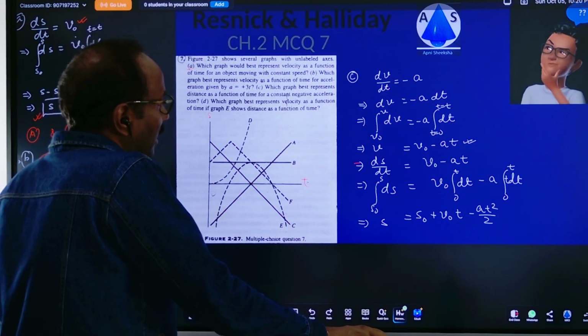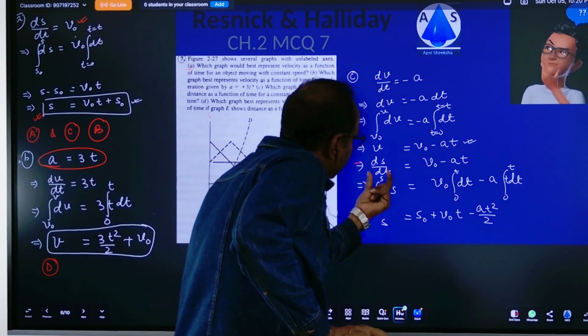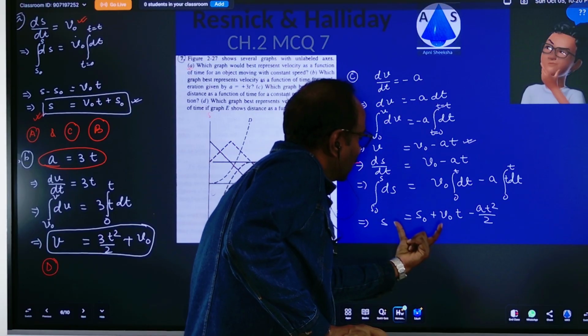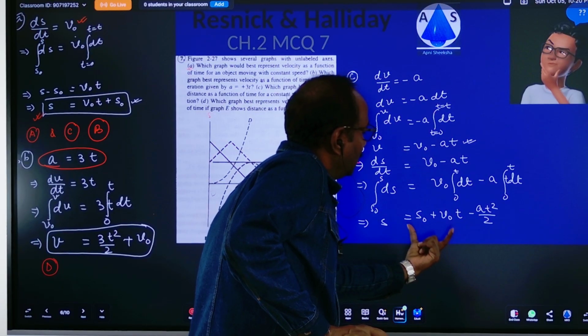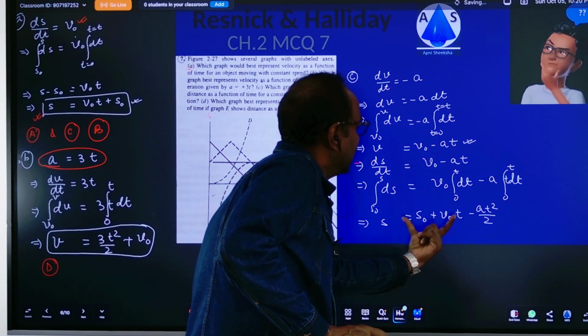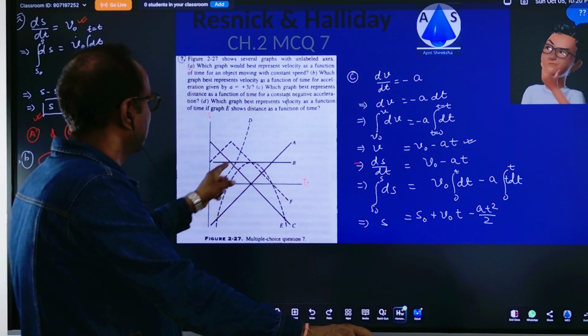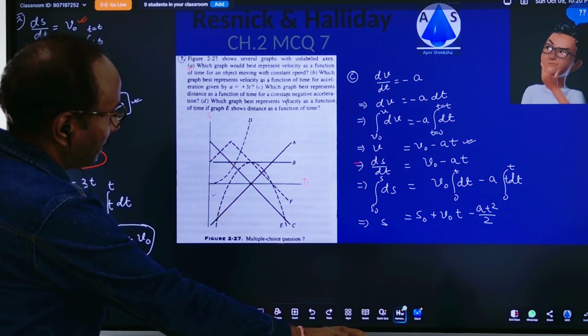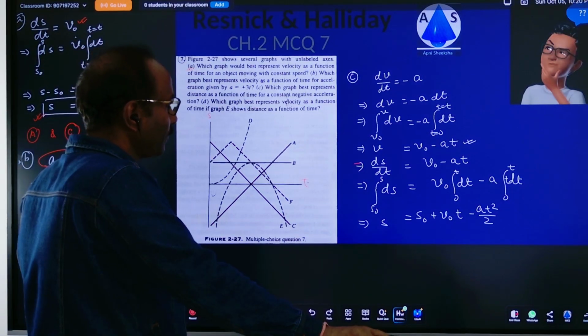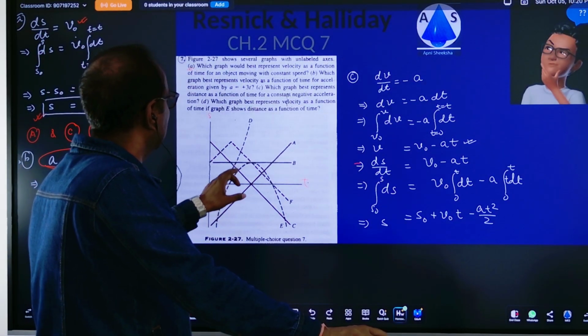Okay. But dS by dt is the slope on this curve, means on this curve E, at each point.